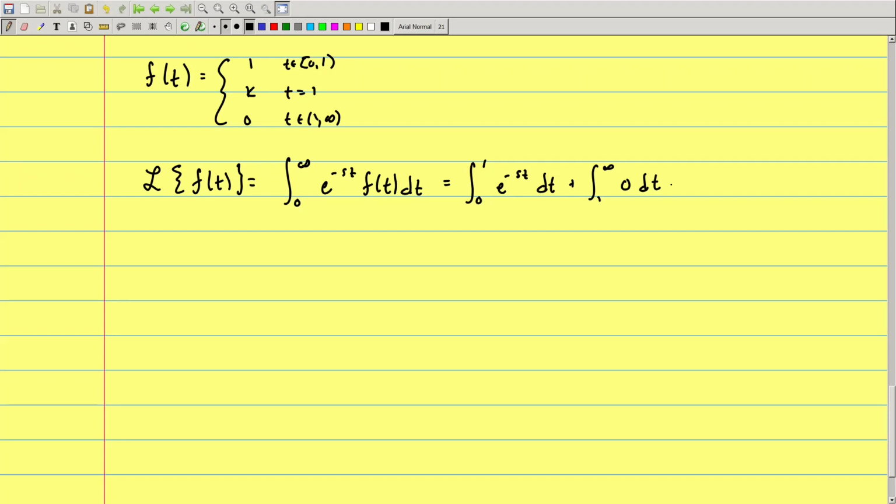So from 0 to 1, the function's equal to 1. I replace f of t with 1. From 1 to infinity, the function's equal to 0, so I replace f of t with 0. And at 1, I can't do anything because I can't compute the integral at a point, right? This is 0 based on what we know about calculus. So that's why I skipped that. I could have written that there, but we're skipping it because it's the integral over 1 point.